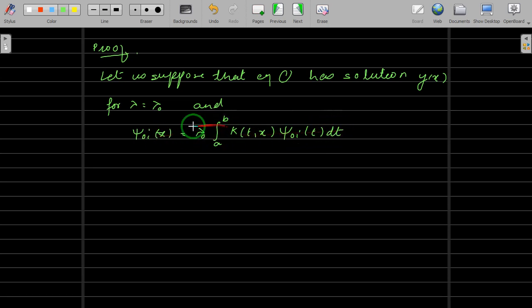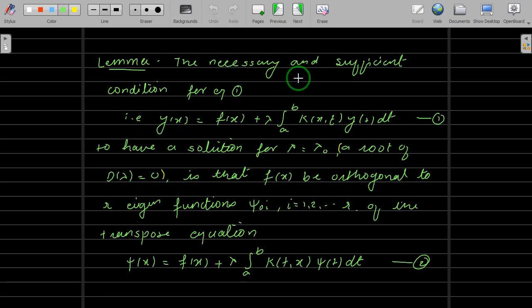This is your transpose equation and eigenfunction, and equation 1 was y(x) = f(x) + λ∫ from a to b K(x,t) y(t) dt.